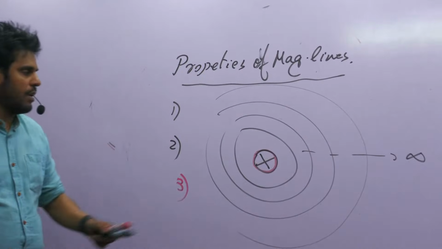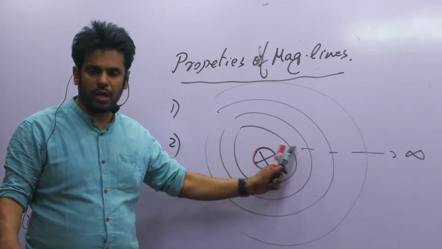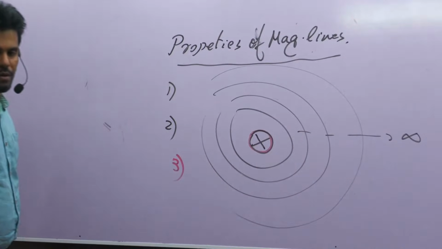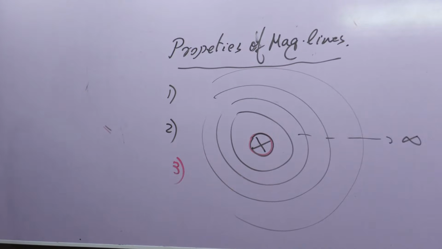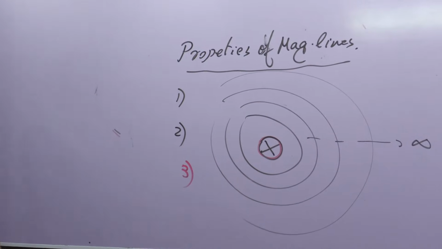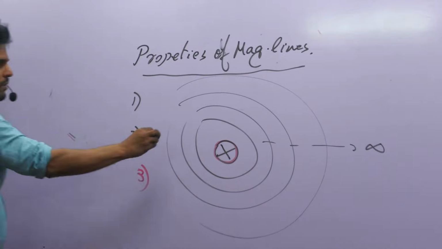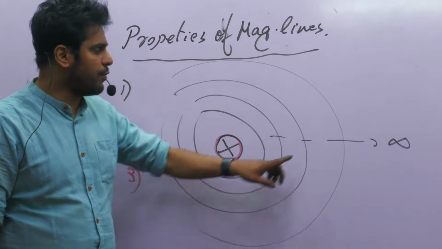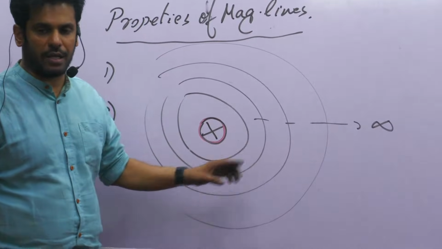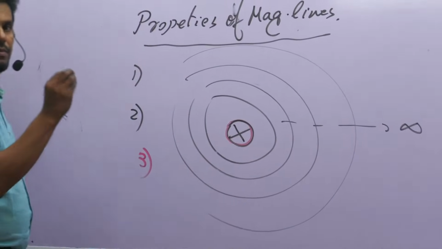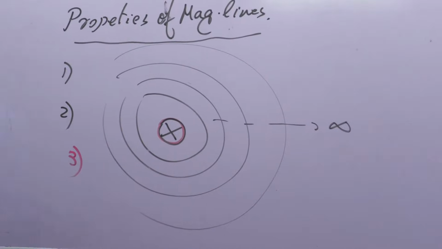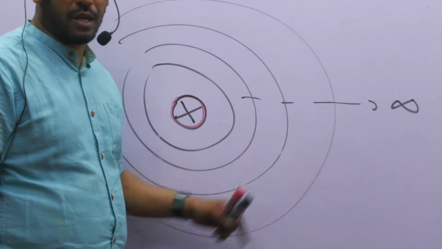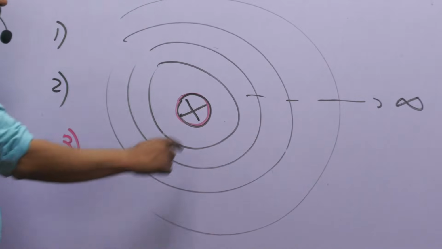I mean the magnetic field due to the given current exists up to infinity. Write: the magnetic field due to the current exists up to infinity.